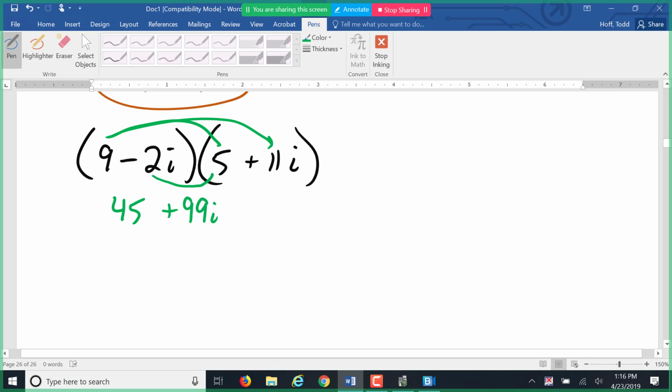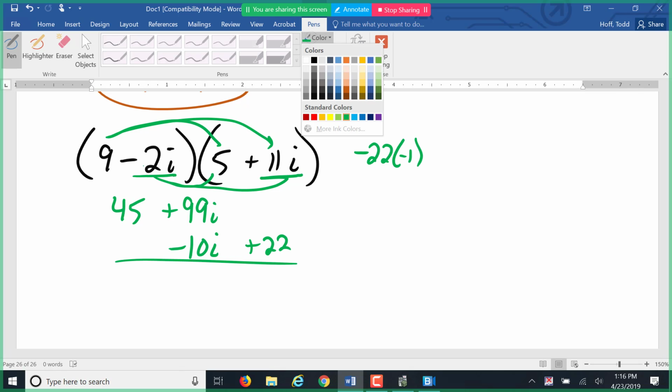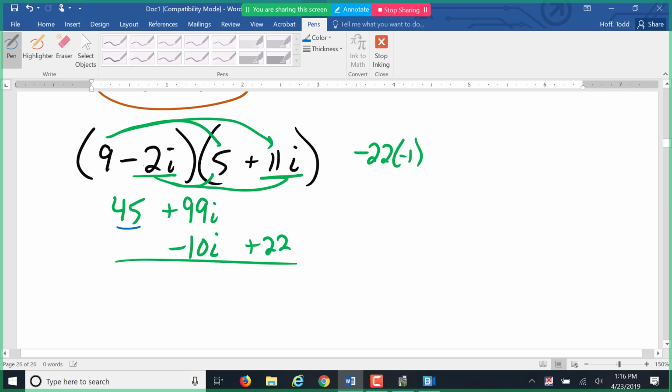Minus 10i. Negative 2i times 5 is negative 10i. And then? Plus 22. Perfect. Negative 2i times 11i. Negative 2 times 11 is negative 22. i times i is negative 1, so it's a positive 22. So we combine 45 and 22 make 67. 99i and negative 10i make 89i. Perfect.